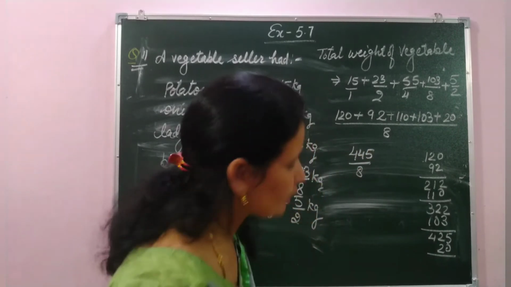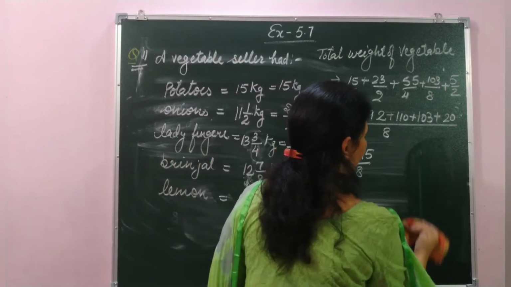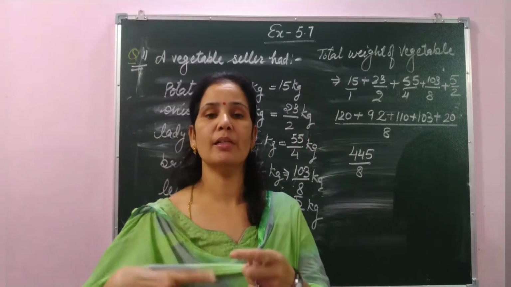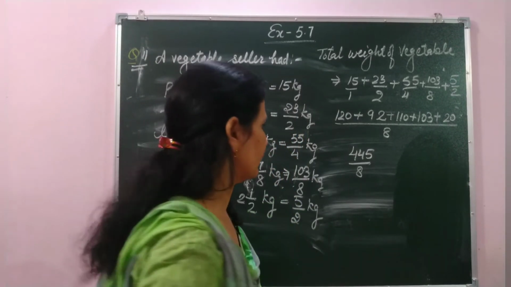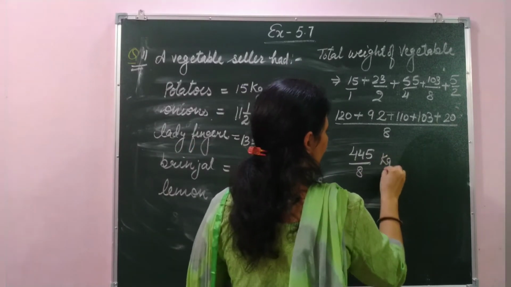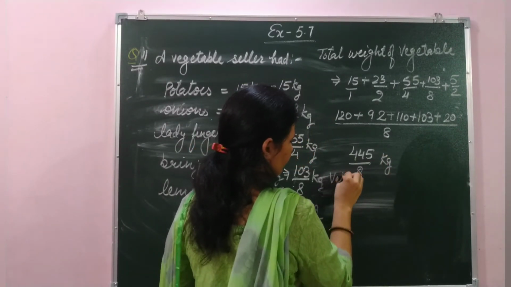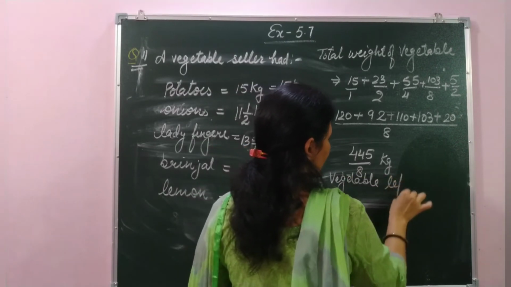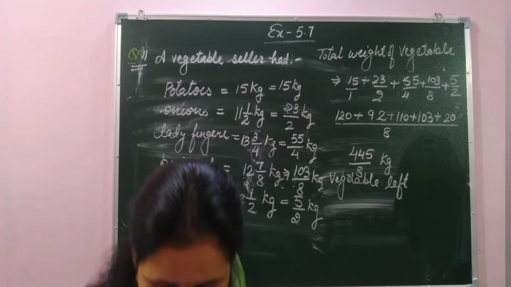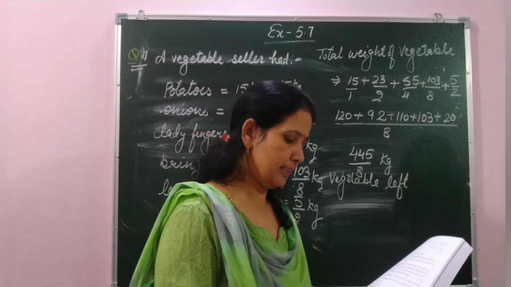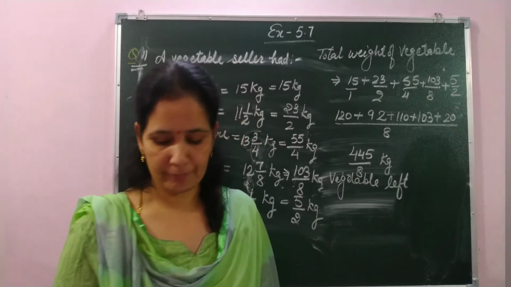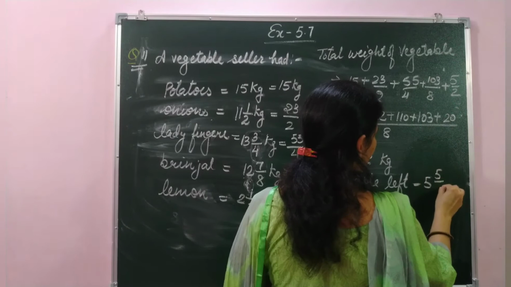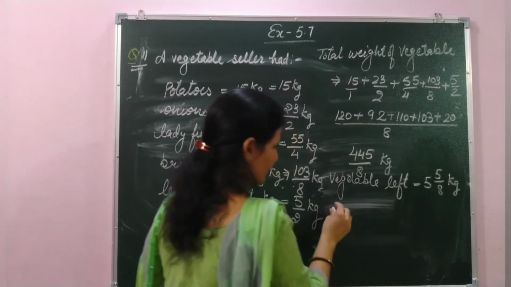This much is the total vegetable the vegetable vendor had. Okay student, now the vegetable left: how much vegetable was left at the end with that vegetable vendor? That is 5/8 kg. Then the vegetable sold.